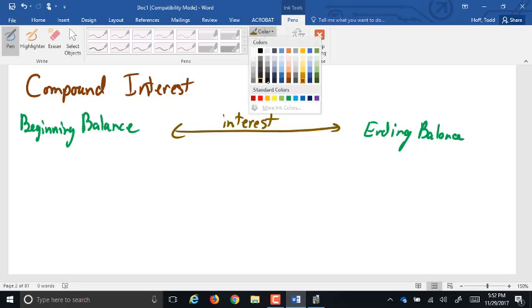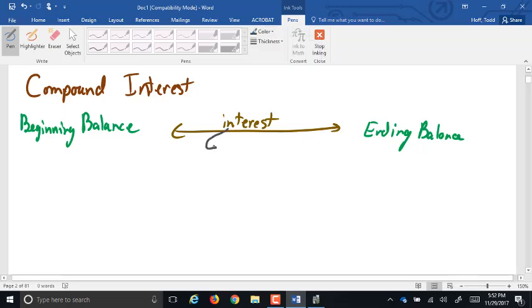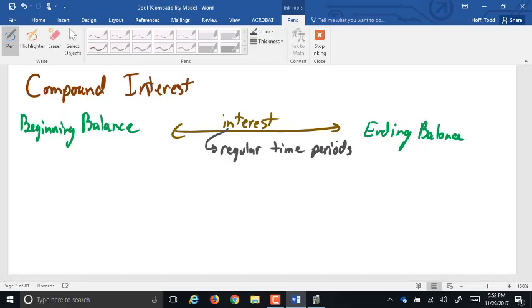The biggest thing here is the interest is calculated at regular time frames. Usually monthly, quarterly, annually, whatever. The interest will be compounded. It will be figured every now and then.